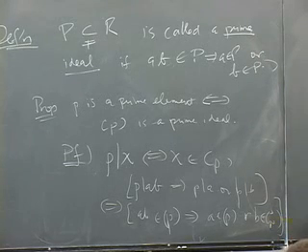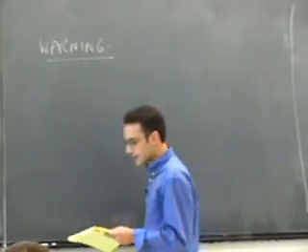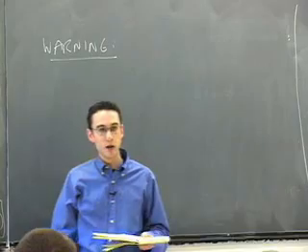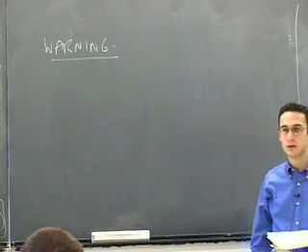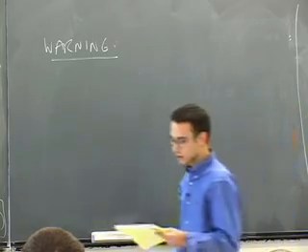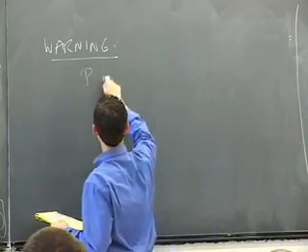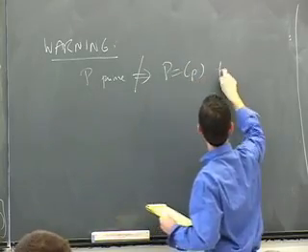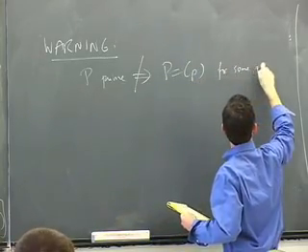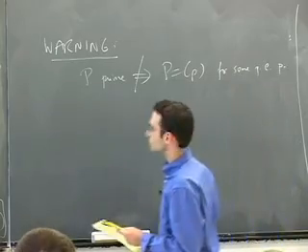These are distinct ideas. So can anybody give me a nice example of a prime ideal which is not principal? P prime does not imply P equals (p) for some prime element p.